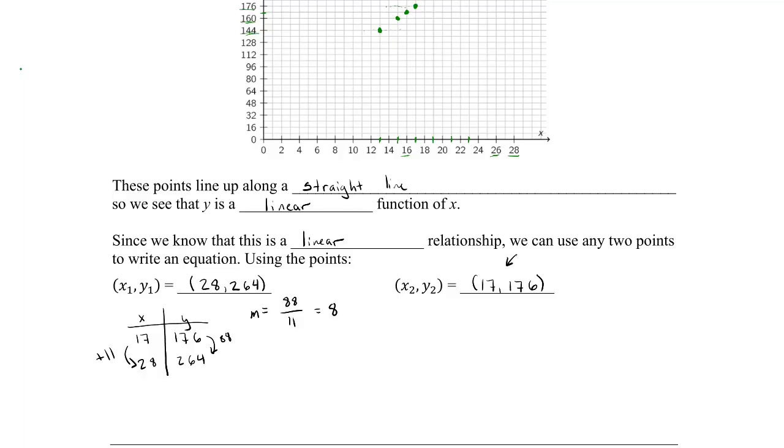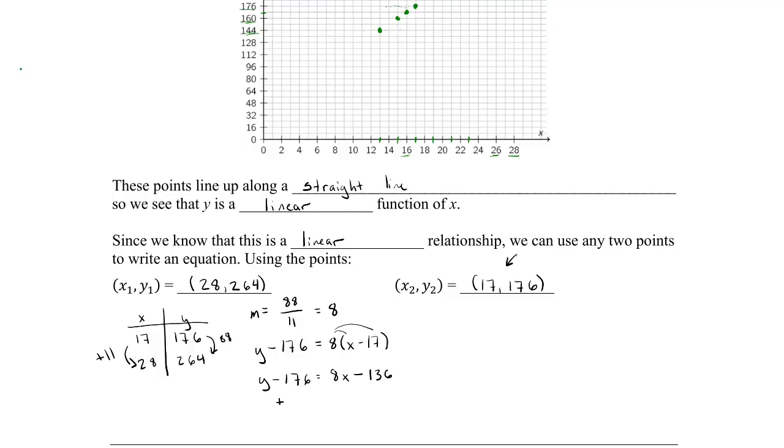Throwing those into the point-slope form, I'm going to choose this point because it has smaller numbers. We'll say y minus 176 equals 8 times x minus 17. We don't have any plus and negative. We'll distribute the 8. y minus 176 is 8x minus 136.